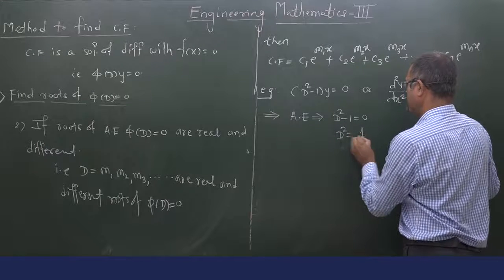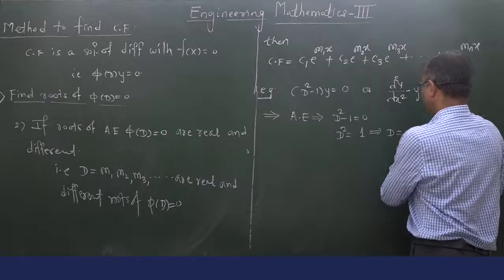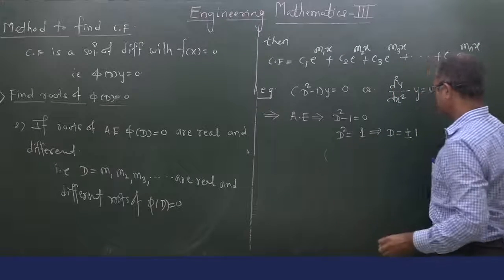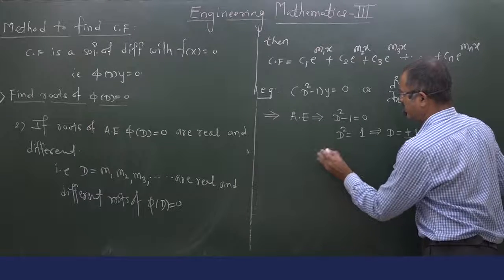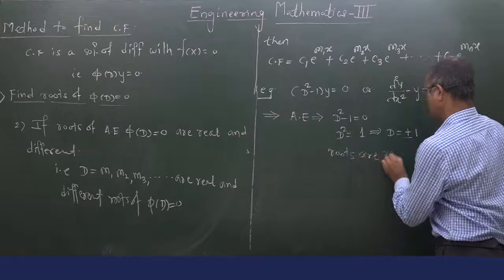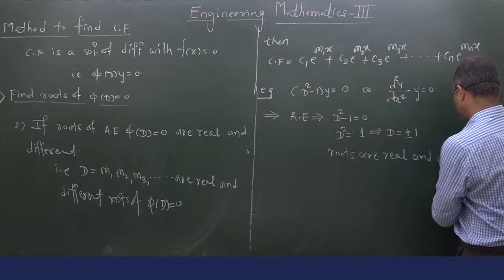D square is equal to 1, so D is equal to plus minus 1. So here roots are plus 1 and minus 1. The roots are real and different. Roots are real and unequal.